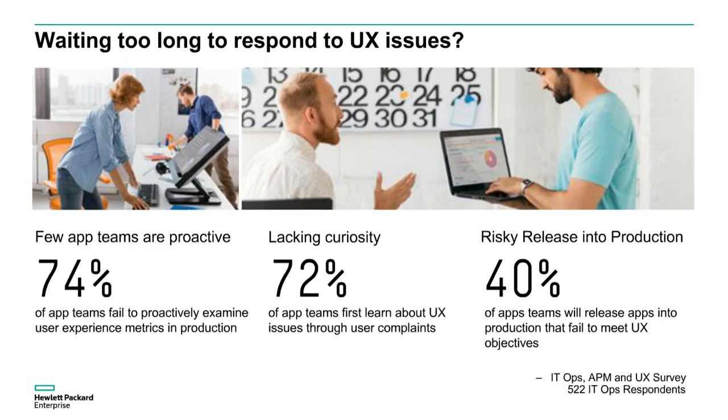We learned that 74% of app teams failed to proactively examine the user experience metrics in production. So on the production side, there was no way for them to be alerted of user experience issues. The other interesting data point is that 72% of the teams are waiting for the first customer to tell them that there is a user experience issue.